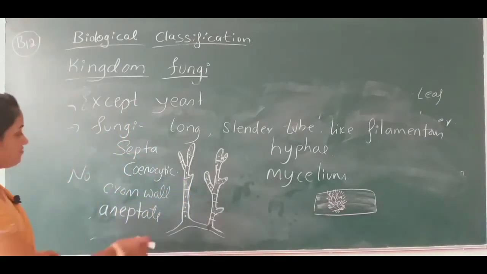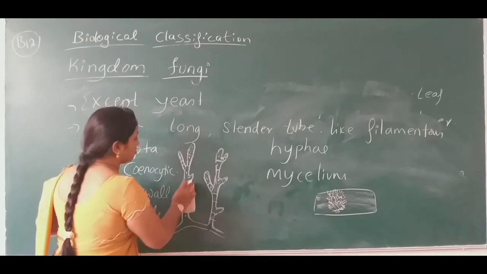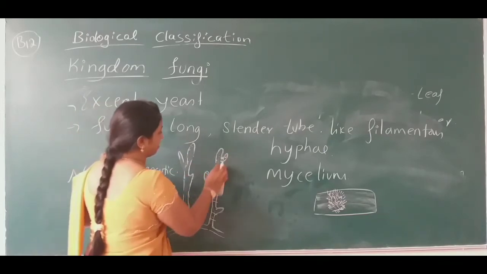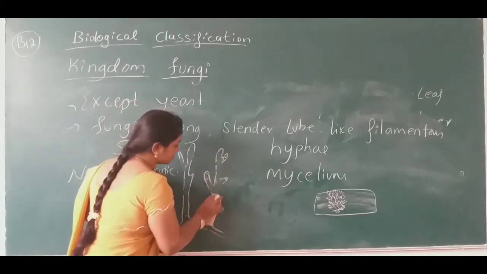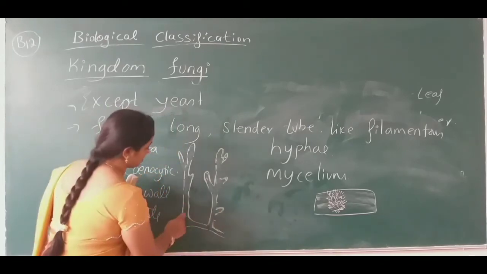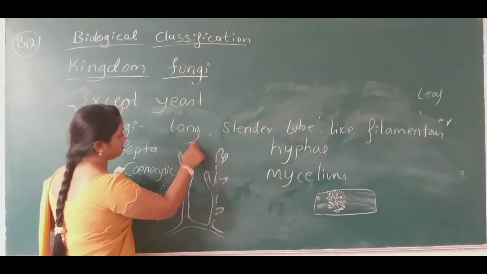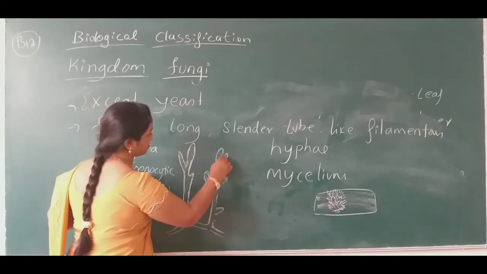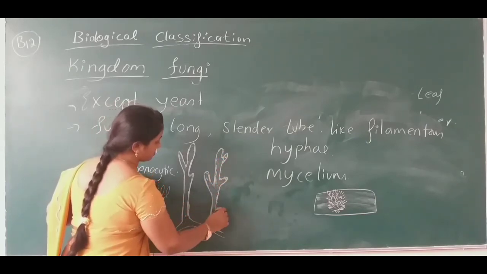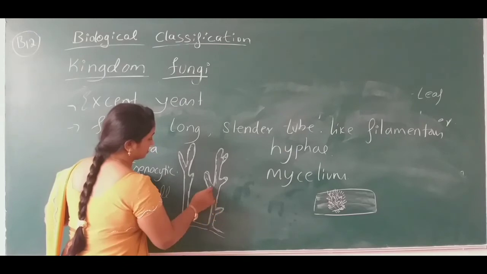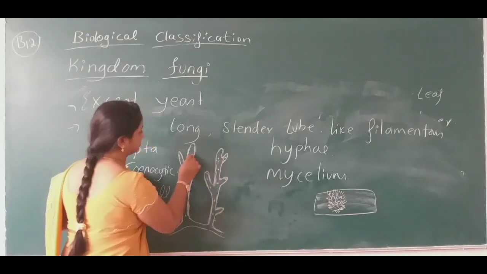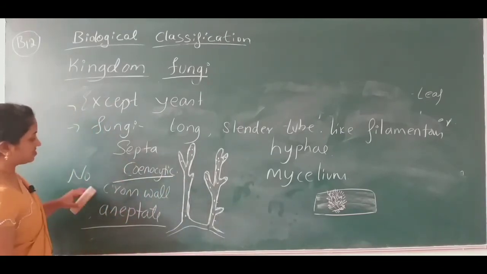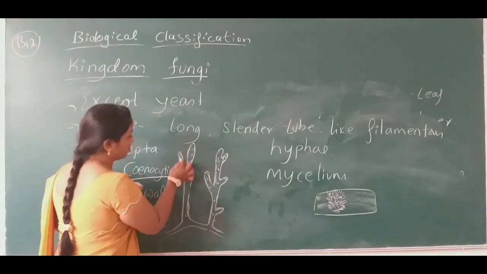What we have to draw here is only the nuclei, not the septa. One hyphae filled with cytoplasm and nuclei is known as cenocytic and aseptate. Aseptate means not having any cross walls.